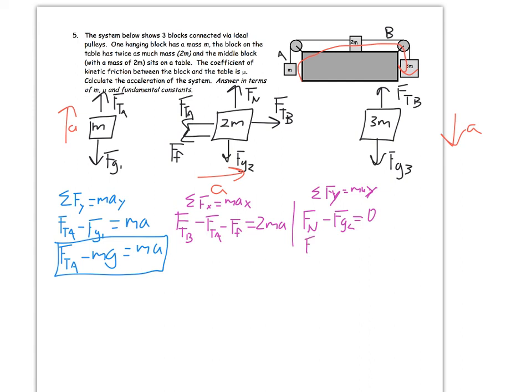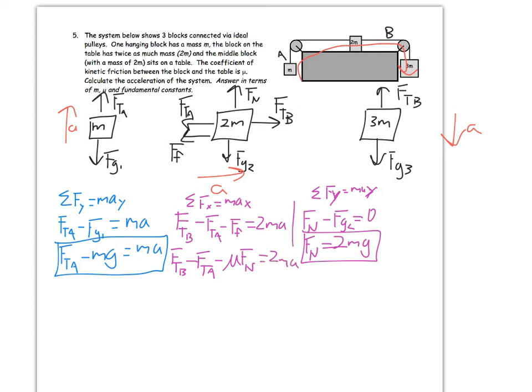So that means my normal force equals my force of gravity, which in this case is 2mg, just mass times g. So there's my y equation, and I can now use that normal force to substitute in for my x equation, because I can say my force of friction is mu times Fn.